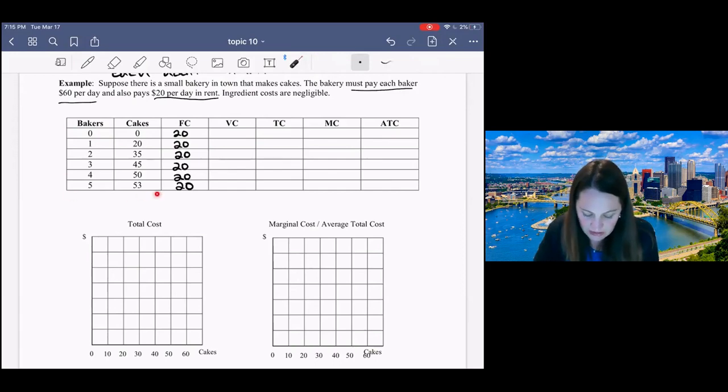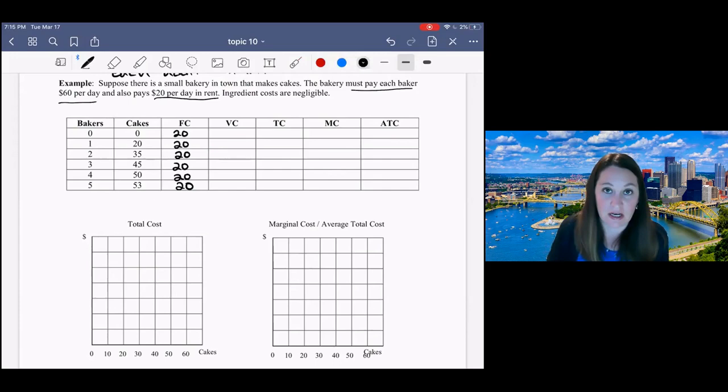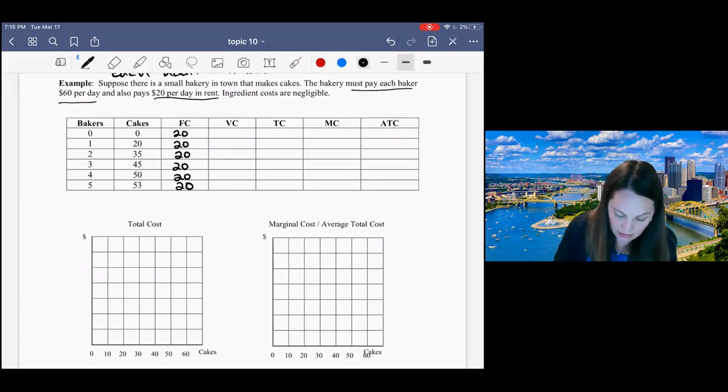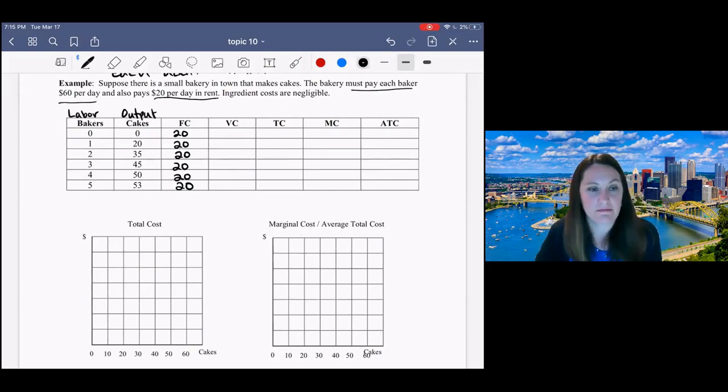The information that's provided here in the table is really our production function, the relationship between our variable input, labor, and our output. That's cakes. So our variable cost is going to depend on how much labor we hire or how many bakers we employ.